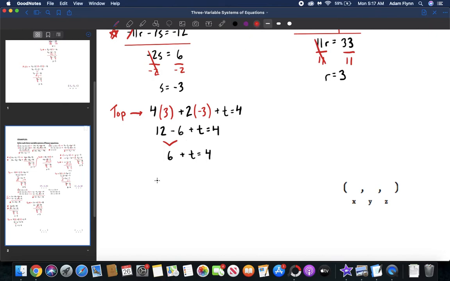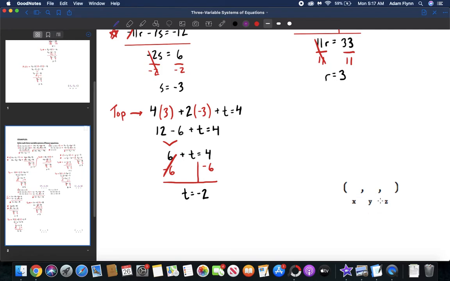I can subtract 6 on both sides. When I do that, 6's cancel on the left, and I am left with t equals 4 minus 6, which is negative 2.